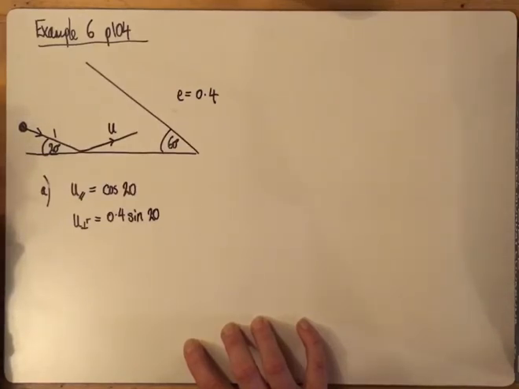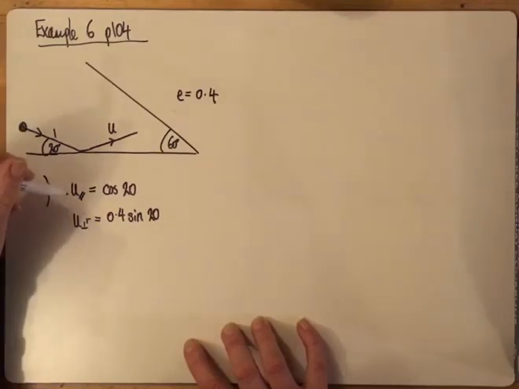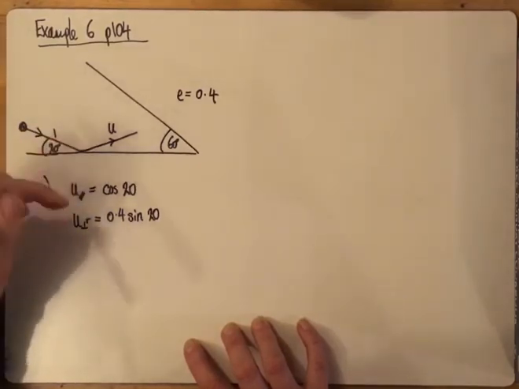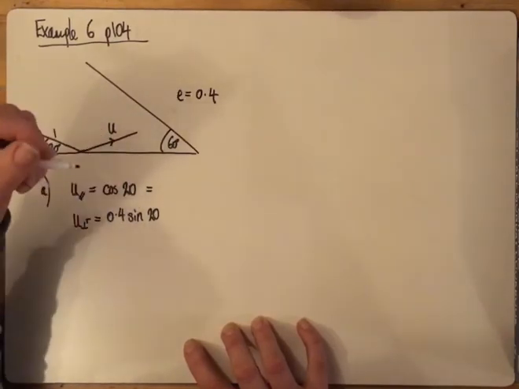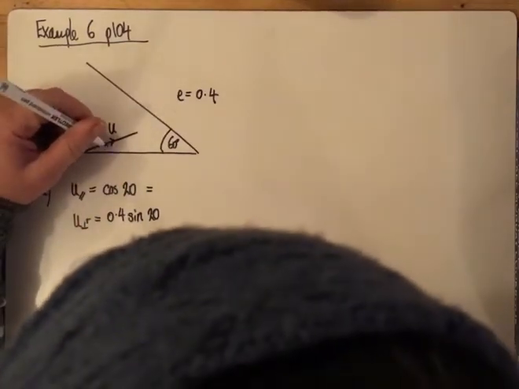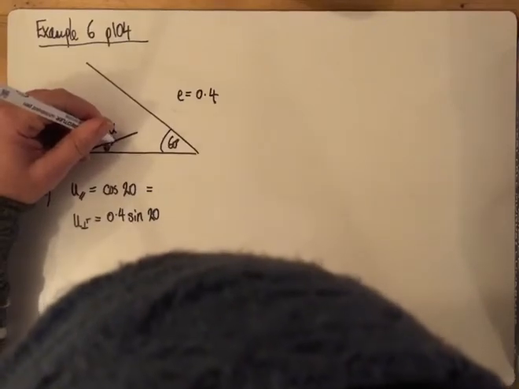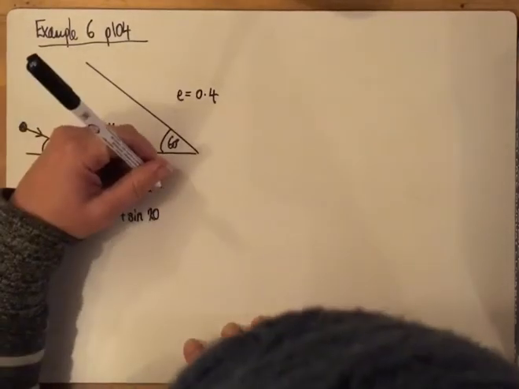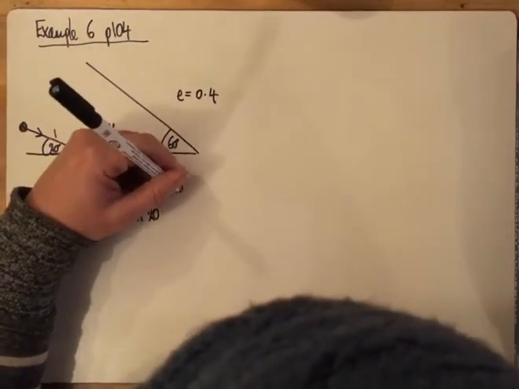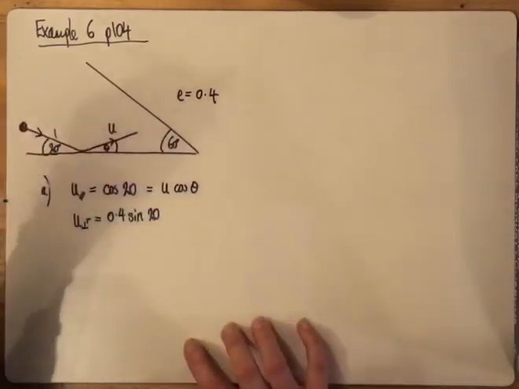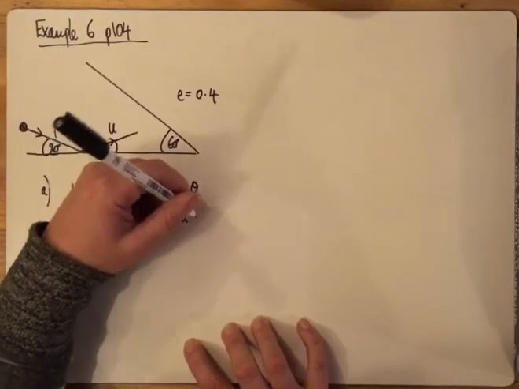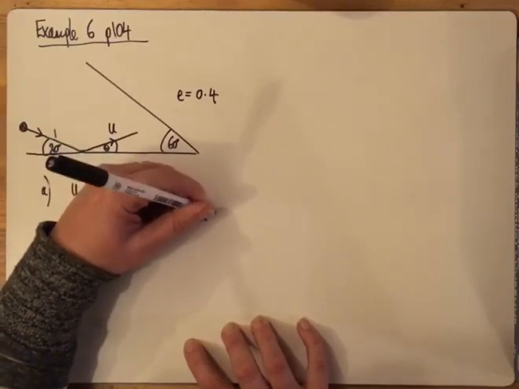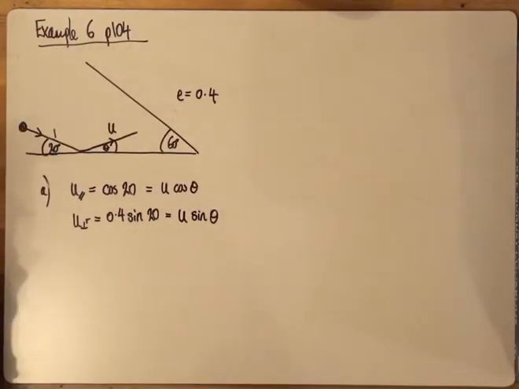And U parallel is equal to U cos theta. And U perpendicular is U sine theta.